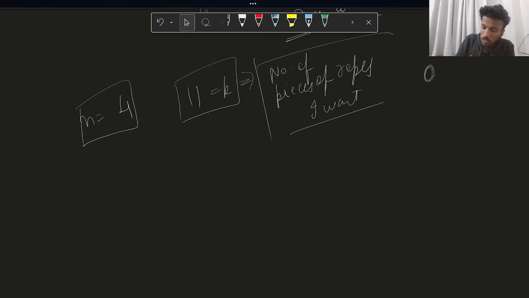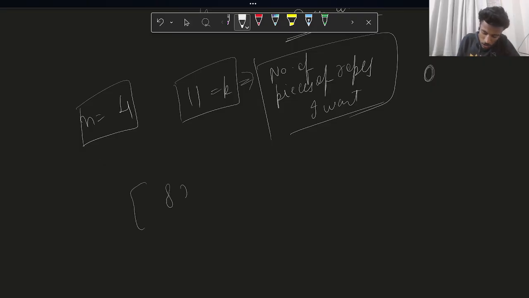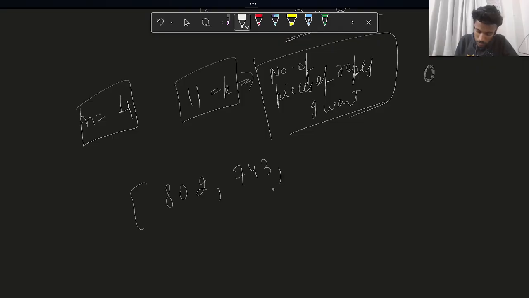You will be given four ropes; they can be of the same length or of different lengths. Here they are 802, 743, 457, 539.